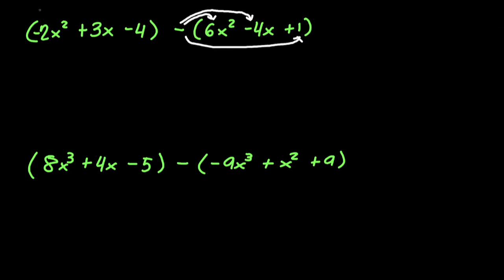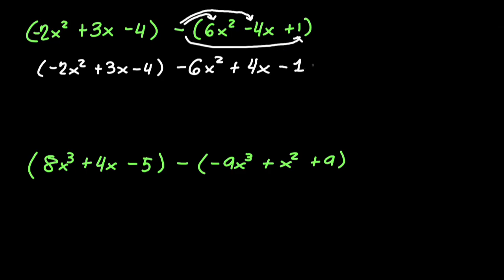So it would be like negative 2x squared plus 3x minus 4 minus, because you put the negative in 6x squared, it would be negative 6x squared. Negative multiplied by negative 4x would be positive 4x. And negative multiplied by positive 1 would be negative 1.